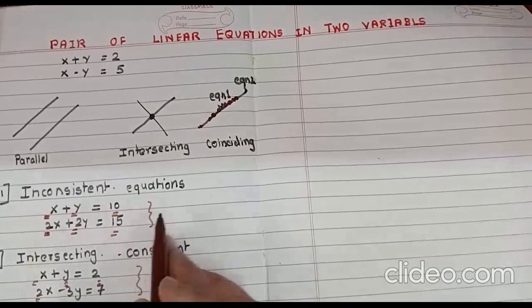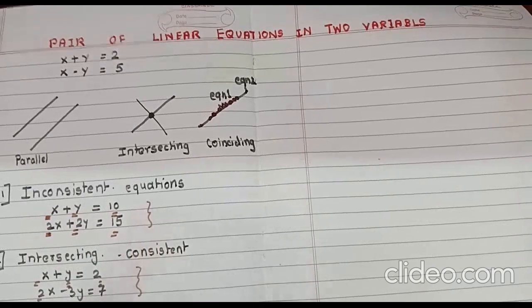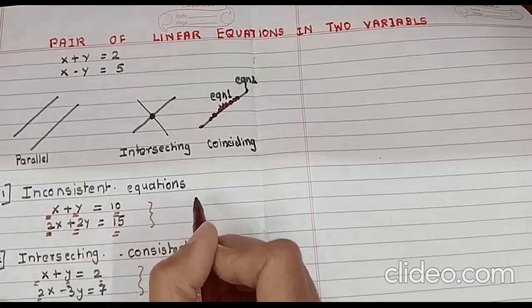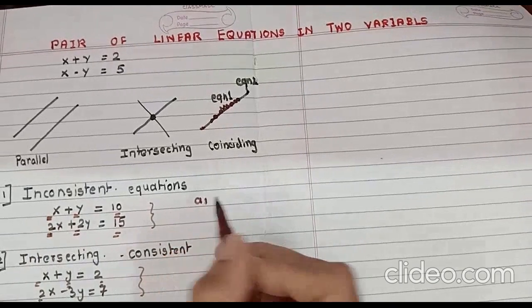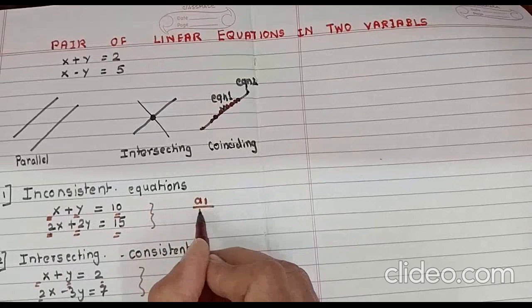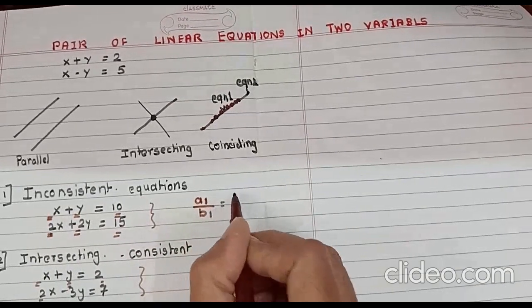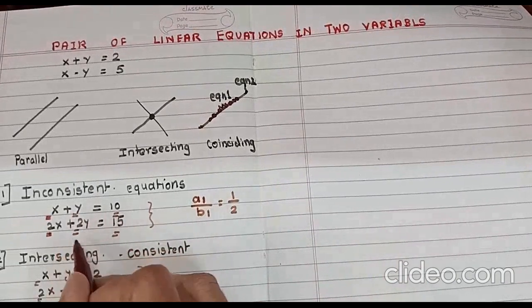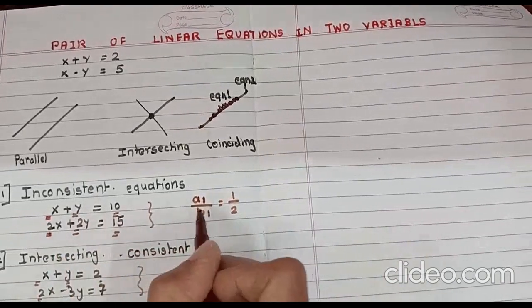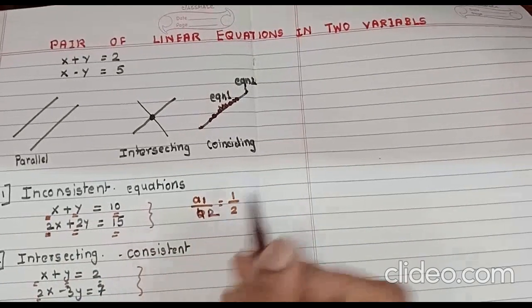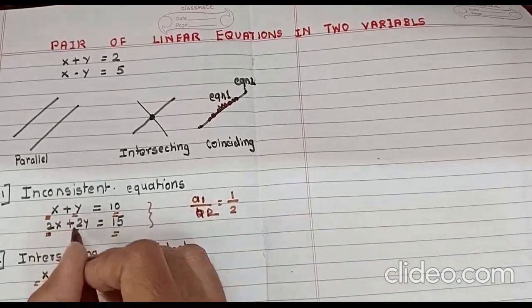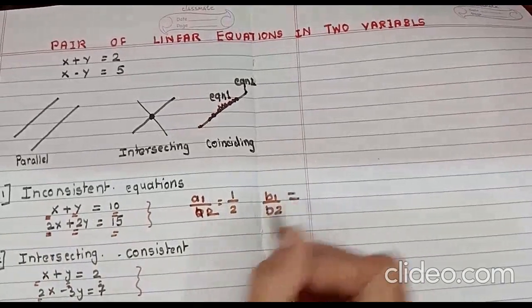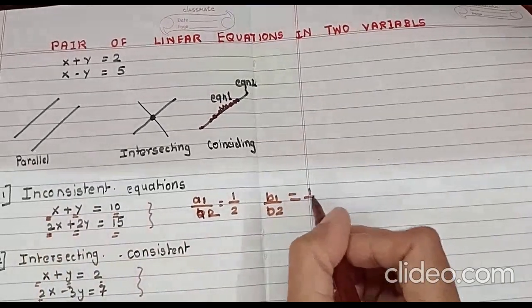So what do you get? For inconsistent, you can take a1 upon a2, which is equal to 1 upon 2. Next will be b1 upon b2, which is again 1 upon 2.